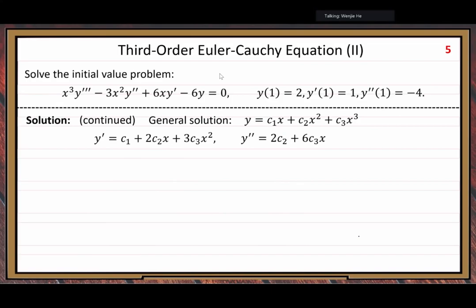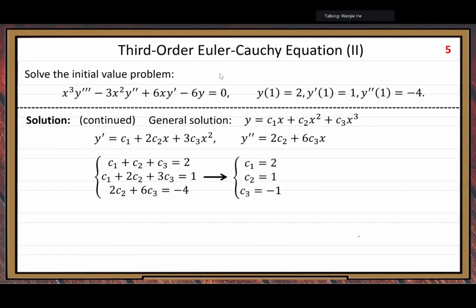We need to make the solution satisfy the initial values. So we need to solve for the coefficients C1, C2, C3 from the three conditions, so we get a 3 by 3 linear system. We can solve this linear system easily. You can still use Wolfram Alpha to solve. Very easy, very fast.